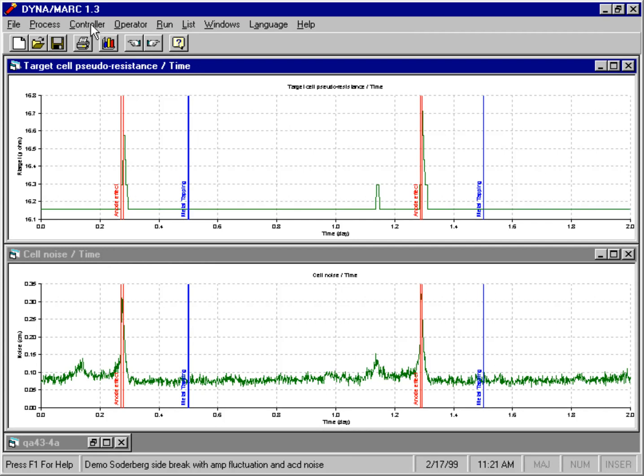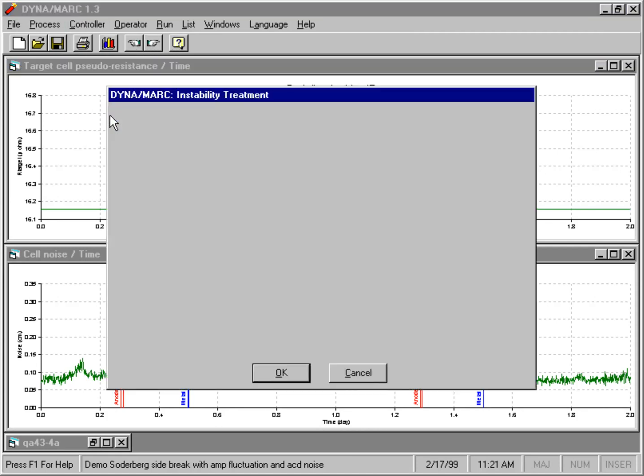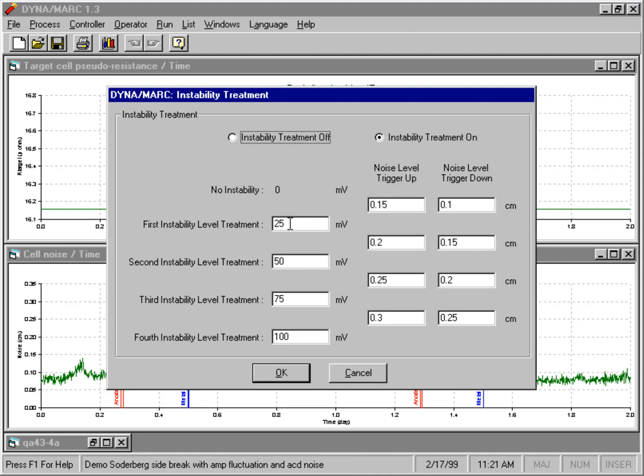This was programmed in the new instability treatment panel. Essentially, we set an instability treatment for up to 4 levels with a trigger to start that instability treatment, and a trigger level to either increase to the next level or decrease to the base level.